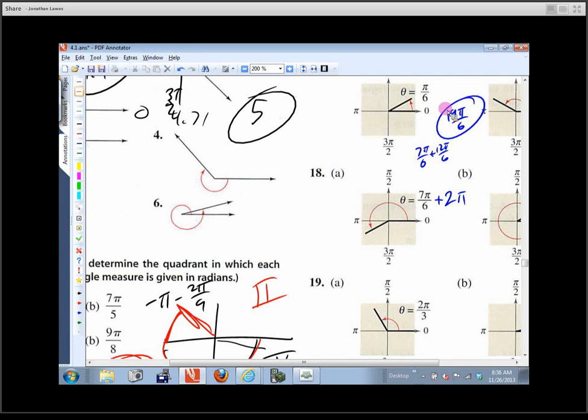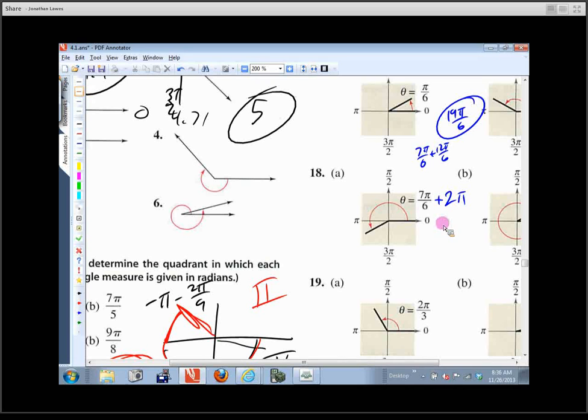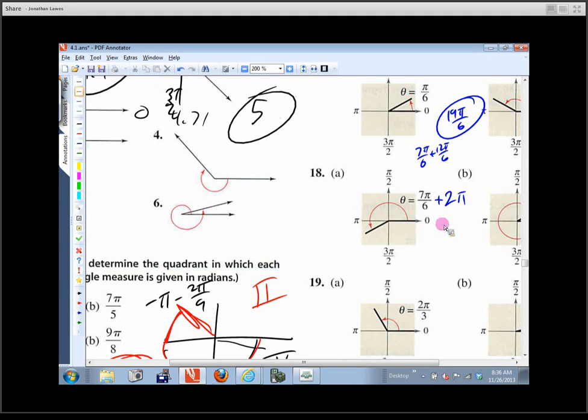That would be coterminal. That would be going around the circle again in the counterclockwise direction, in the positive direction. What's another way that I can get another one that's coterminal but would be negative? Yeah. So we're just going to take that and subtract 2 pi. Now, notice if you already did this arithmetic right here, all we have to do here is 7 pi 6 minus 12 pi 6.